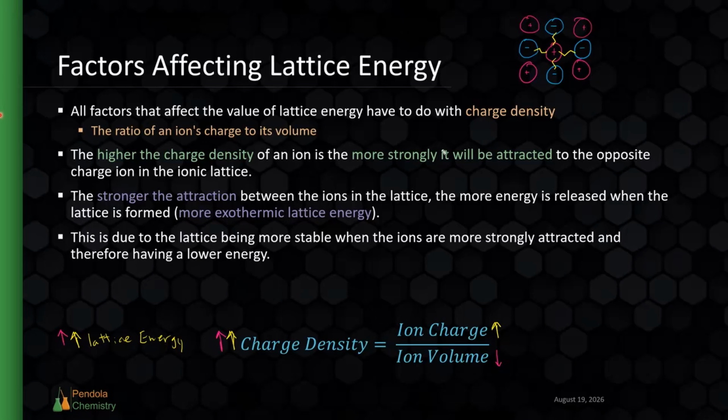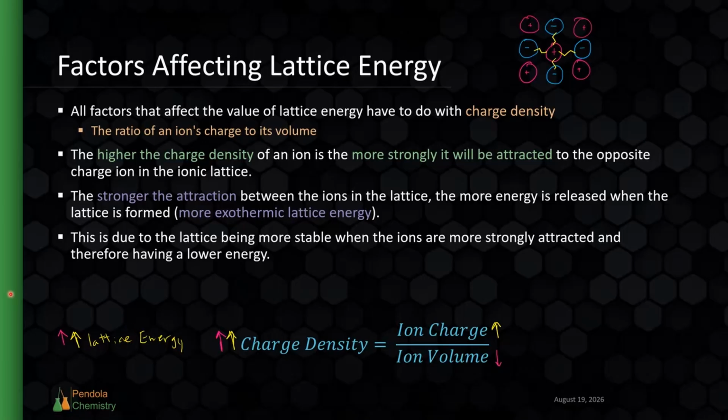All of this has to do with this magnetism and the stability of the lattice. The stronger these magnetic attractions, the more stable the lattice is, meaning that more energy is released when the lattice forms, and that can basically be figured out by looking at the ion charge and ion volume. Either increasing the charge or decreasing the volume, both increase the charge density, making the magnetic attraction stronger, meaning that the lattice is more stable and therefore the lattice energy is higher.